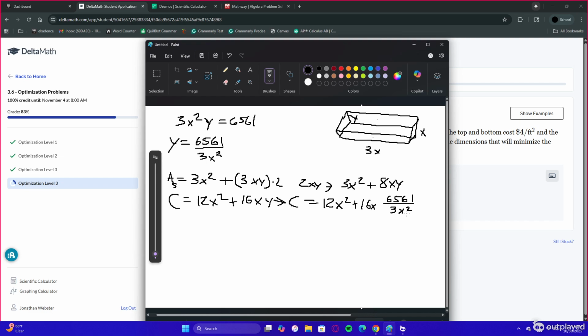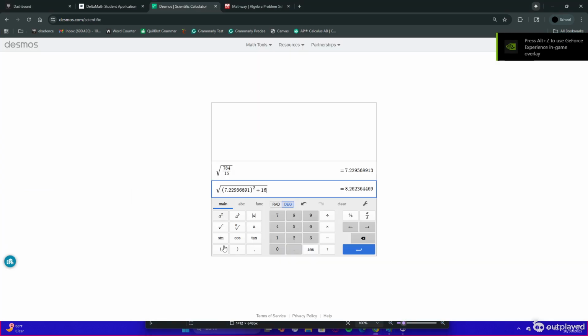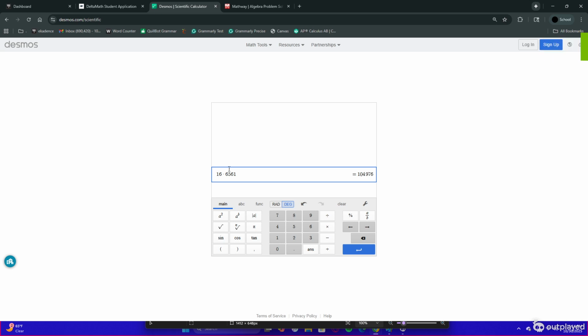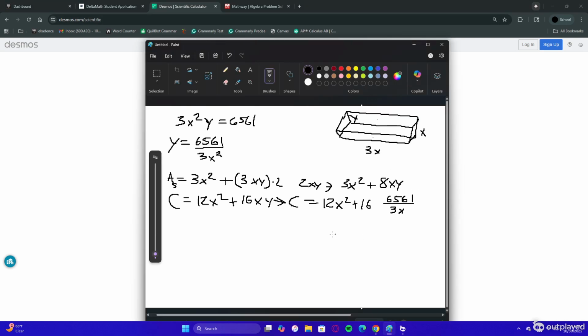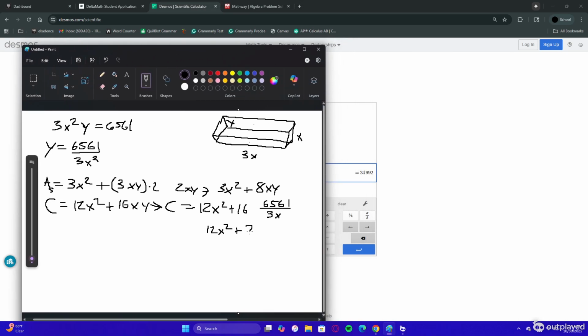You can see that one x cancels with one x, and then it's 16 times 6,561, so 104,976, and then all of that would be over 3, so 34,992 over x. So 12x squared plus 34,992 over x, and that's equal to our cost function.